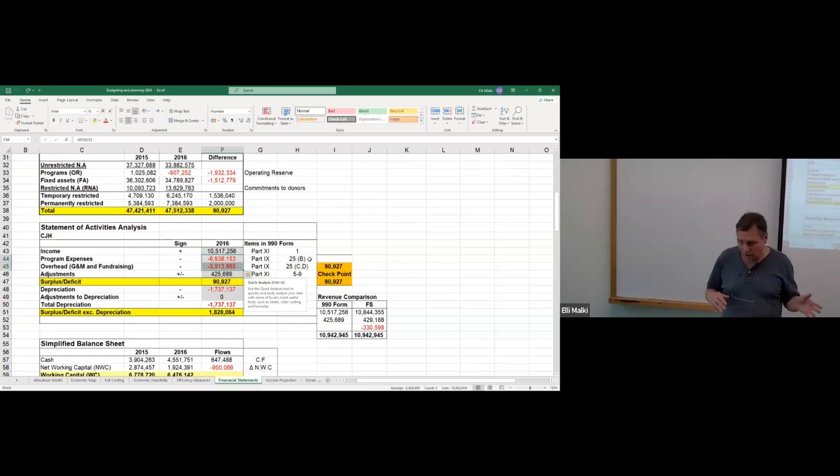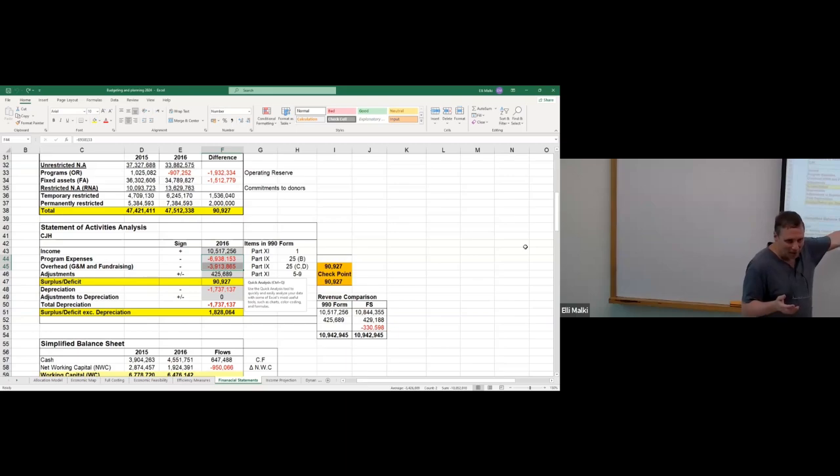So overall income of 10.9, expenses of 10.8, we had a surplus of 90,000. This is what appears in the financial statement. But if we want to translate these expenses minus income, this surplus, to our financial assets, the expense on depreciation, we didn't actually spend the money.